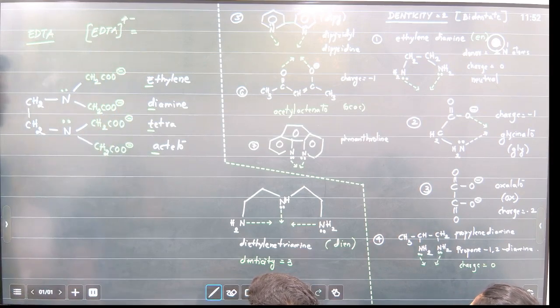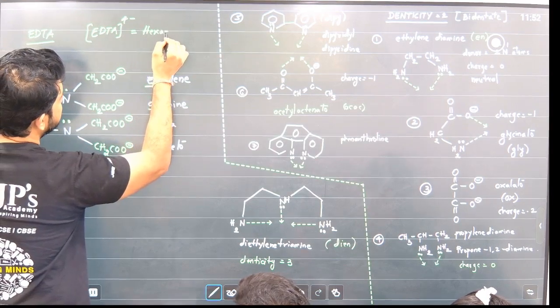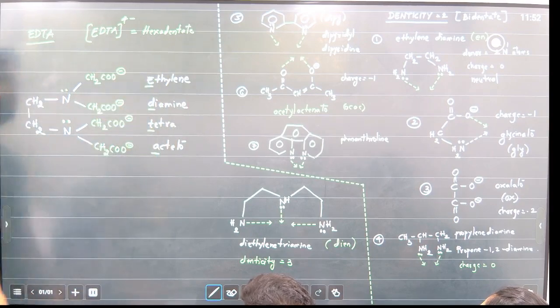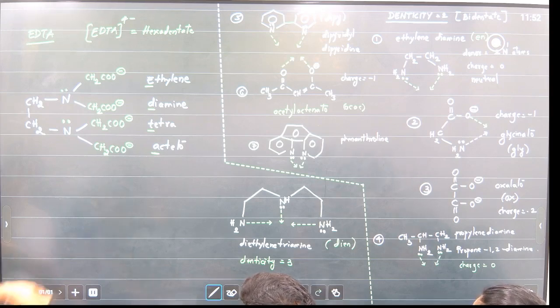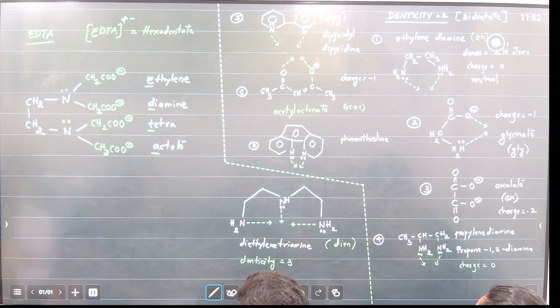And what is the denticity? 6. So it's called as a hexadentate. Yes or no? How 6? Which are the donors here? 2 nitrogens and 4 oxygens.